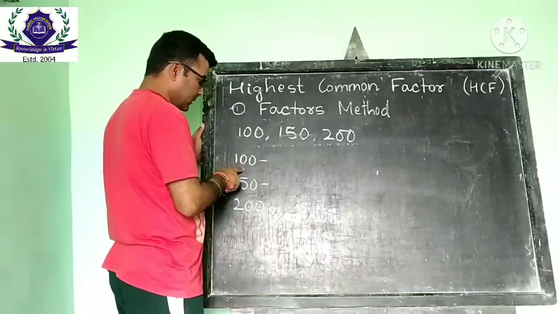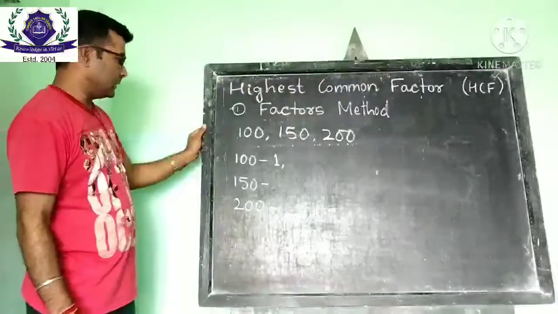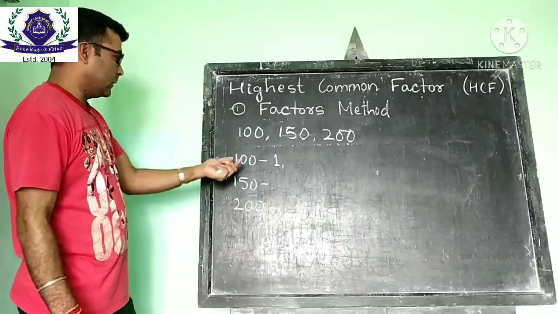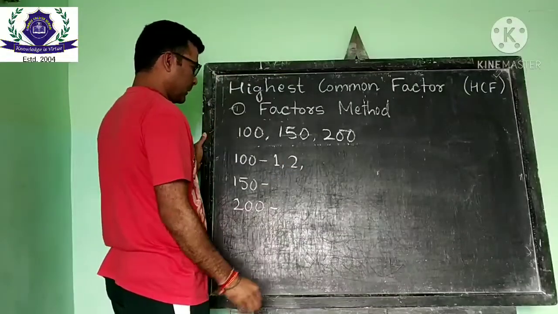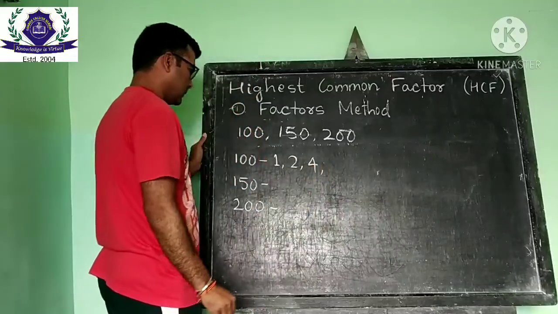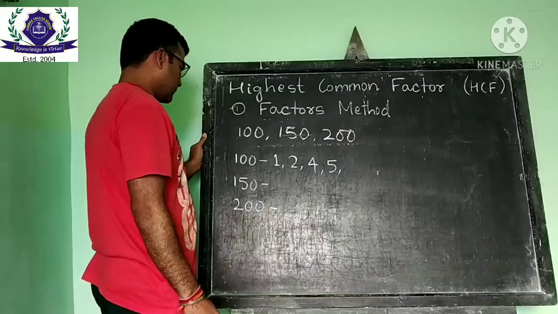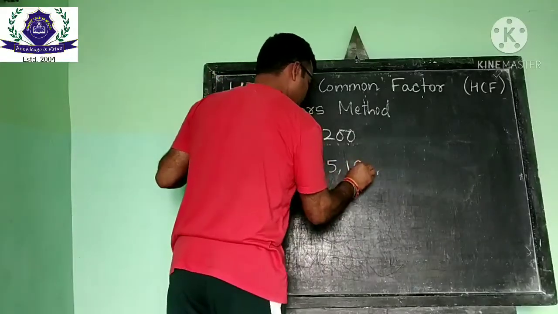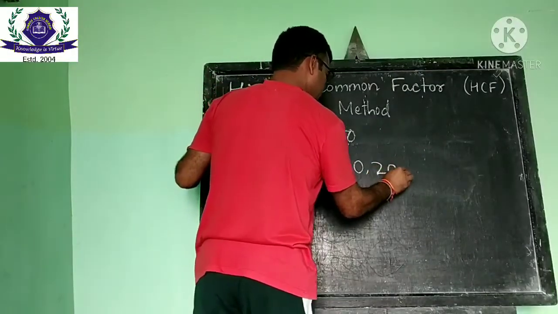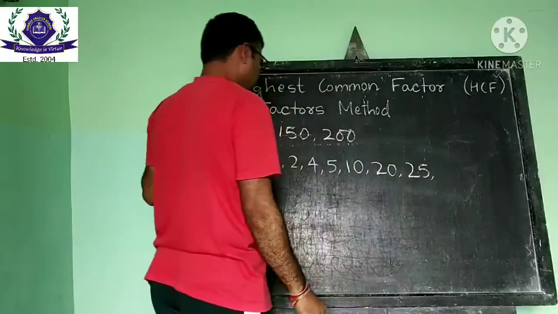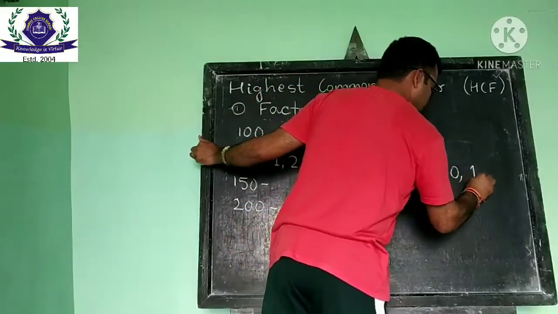The first factor is 1, which is a factor of every number. Then 2 fifties are 100, 4 twenty-fives are 100, 5 twenties are 100, 10 tens are 100.